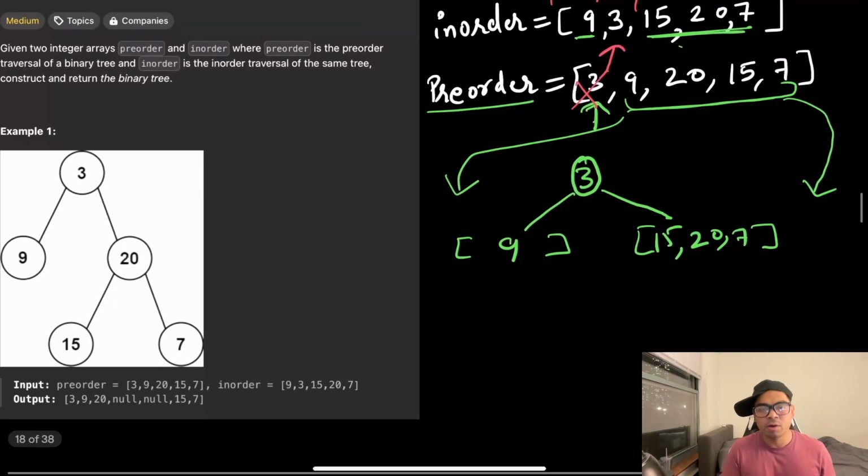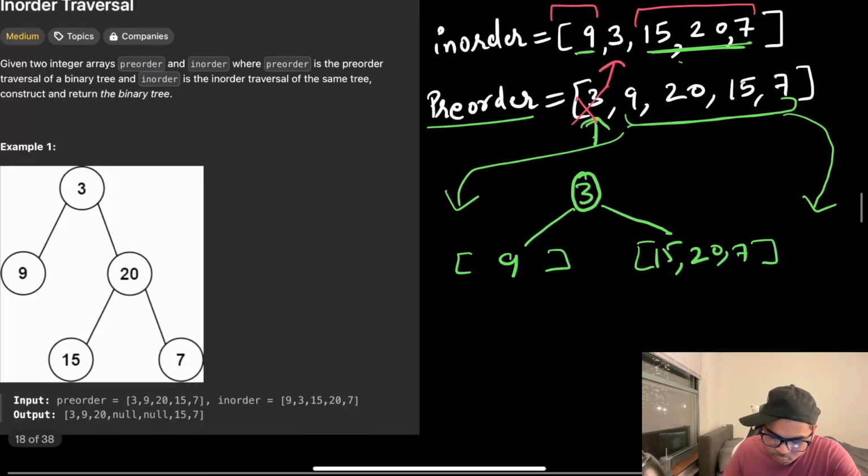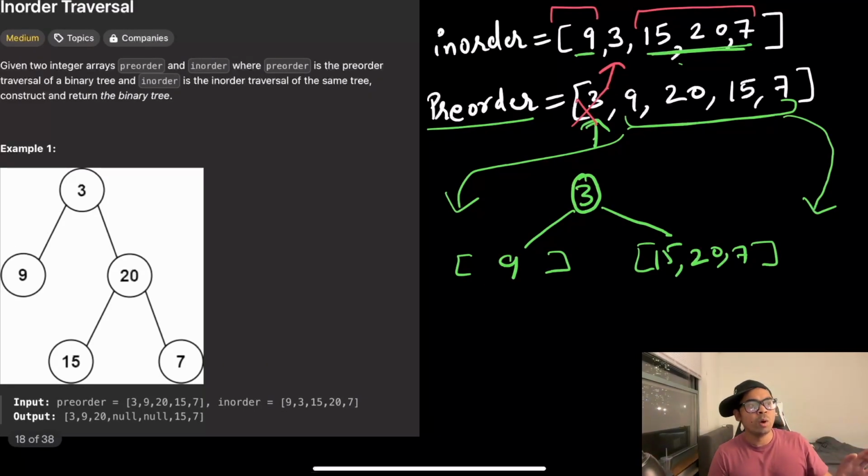This problem is now quite simple, because I've already told you the process that we're going to follow. One by one we're going to pop out the values from my preorder. So I pop out 3 and then I pop out 9. I'm moving from left to right in preorder, and we know it's the root that we are processing, and because preorder is root, left and right, I process the root, then I process left.